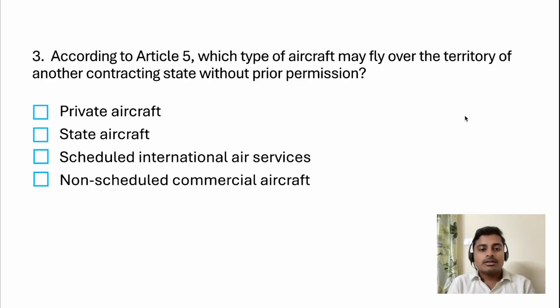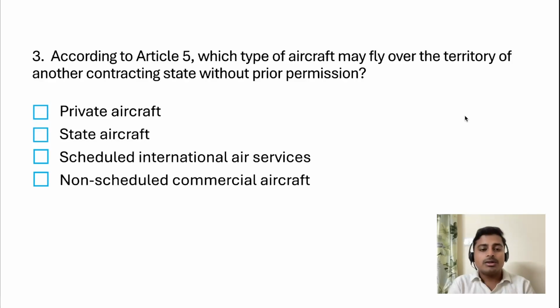Scheduled international air services. These are the commercial air services which need a proper flight plan and approval before flying over any other state, any other airspace, right? Non-scheduled commercial aircraft, yes. So these are the charter flights.